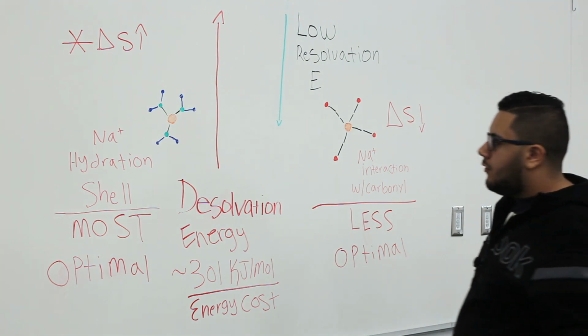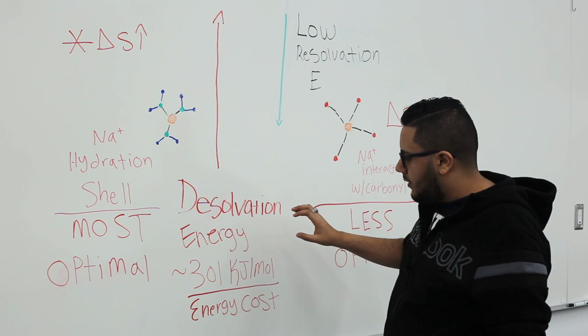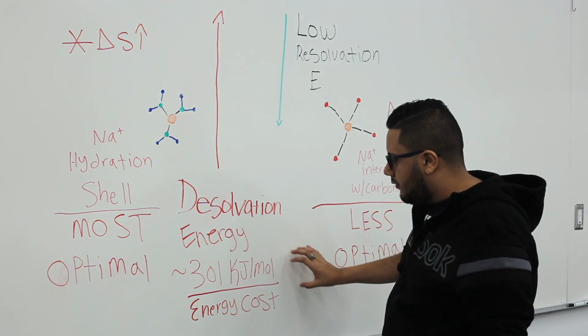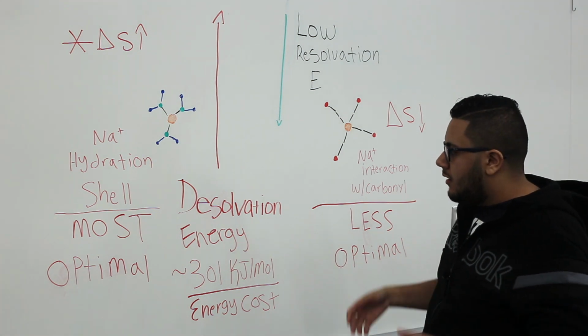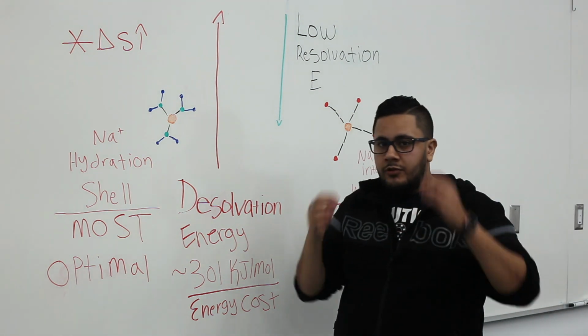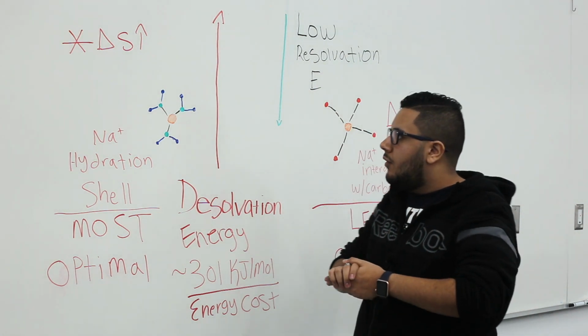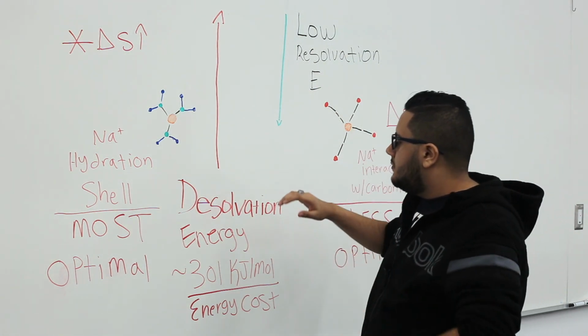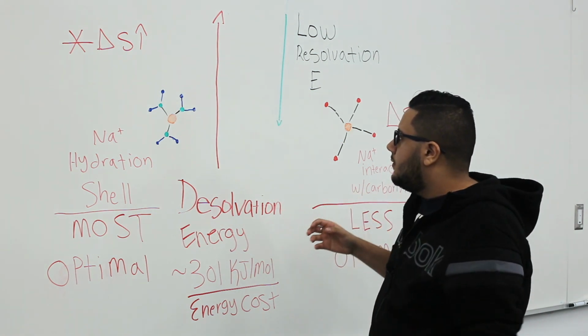So the desolvation energy for sodium is 301 kilojoules per mole. That's a very high energy cost. For potassium, it was also 230 kilojoules per mole, which is pretty high as well. So why is it that this process for sodium is not favorable?